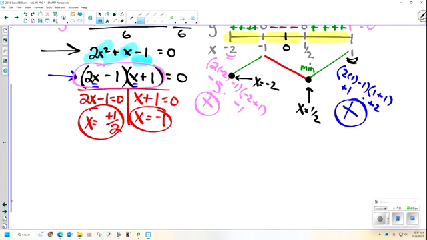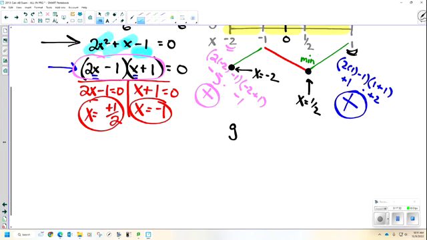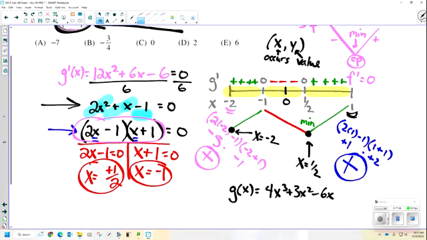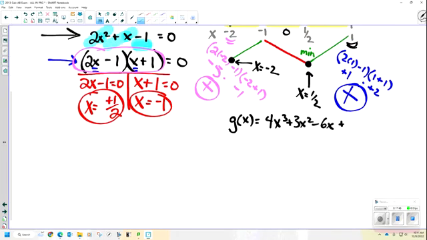So g of x is 4x cubed plus 3x squared minus 6x plus 1. So again, what we're doing here is we're going to see which value of g. Let's throw a -2 in first. Which location, -2 or 1/2, has a lower coordinate, a smaller y value.